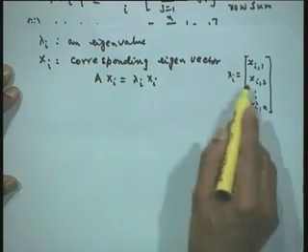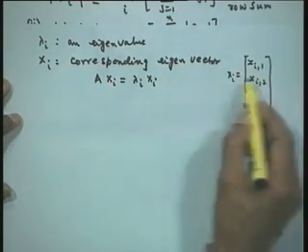Now let us open up A x_i. Therefore, a11 into this plus a12 into this and so on.